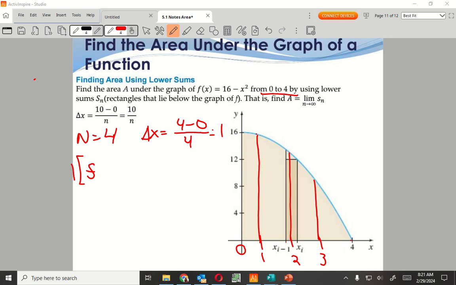My lower side is this over here, this over here, this over here, and this here. So my first function is going to be f of what? 1, because that is the lower side, plus f of 2, plus f of 3, plus f of 4.